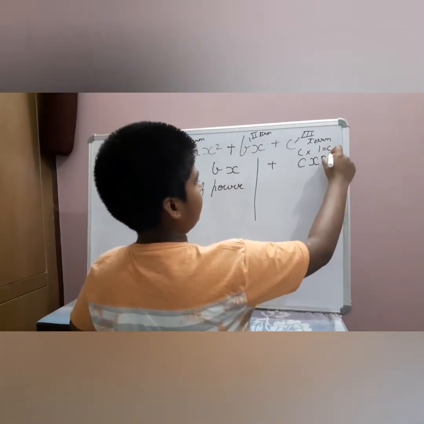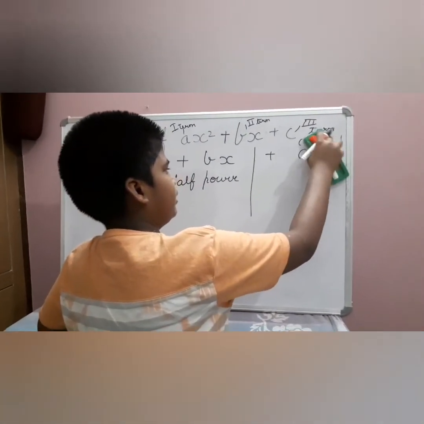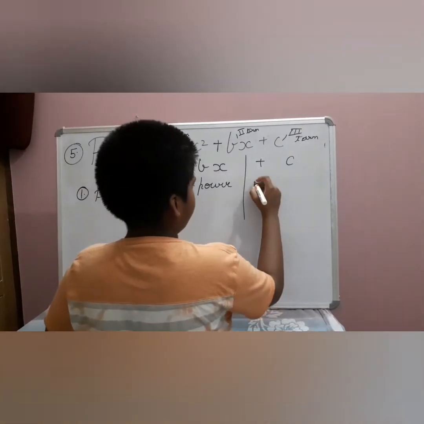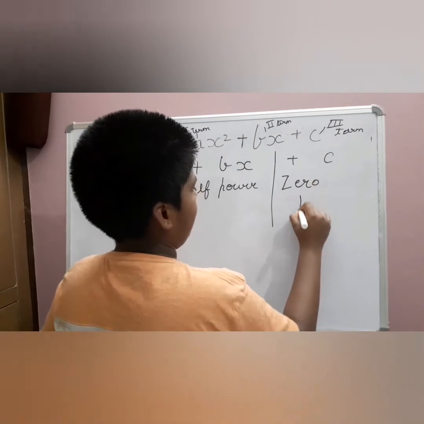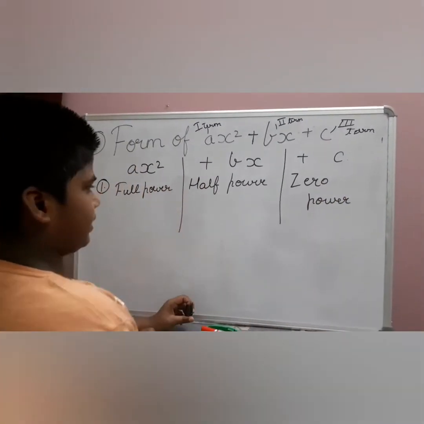We'll get c, which is same. That's why we don't write this much and we write only c. So in the third term we have 0 power. So this is our recognizing procedure.